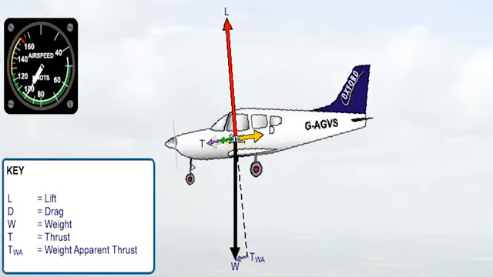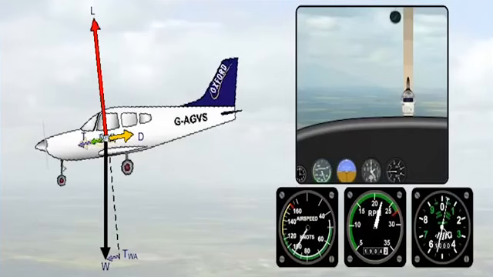Consequently, to maintain speed, the nose is raised. The sum of propeller thrust and weight apparent thrust is again balanced by drag, and the aircraft descends at a shallower descent angle and lower rate of descent. From the preceding examination, the important interrelationship between airspeed, propeller thrust, angle and rate of descent should now be clear.